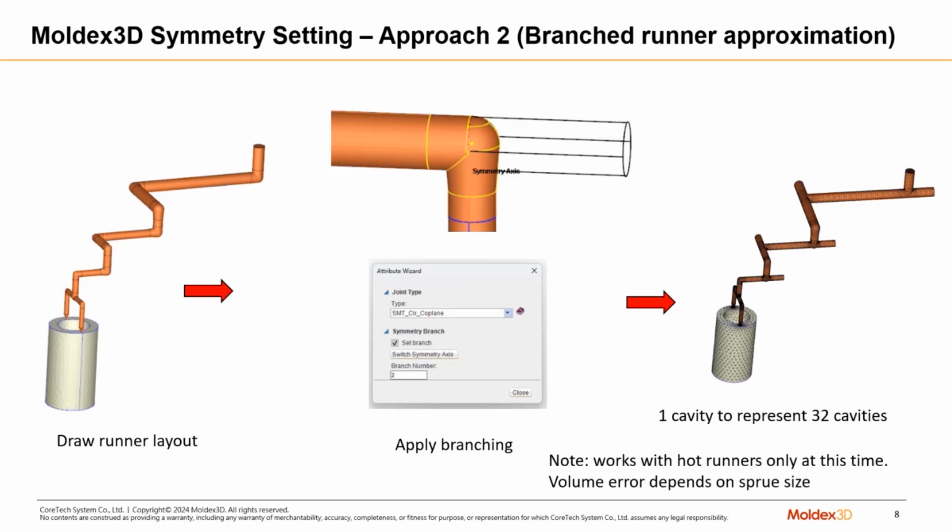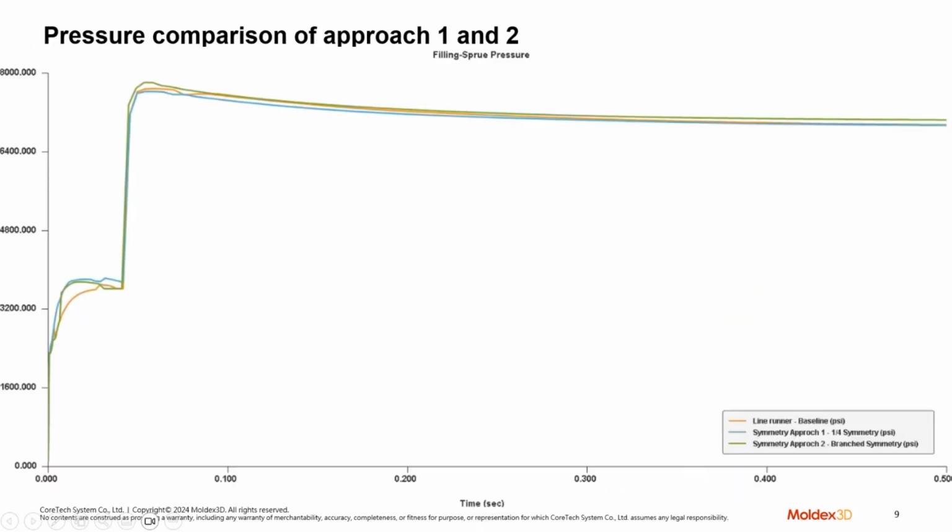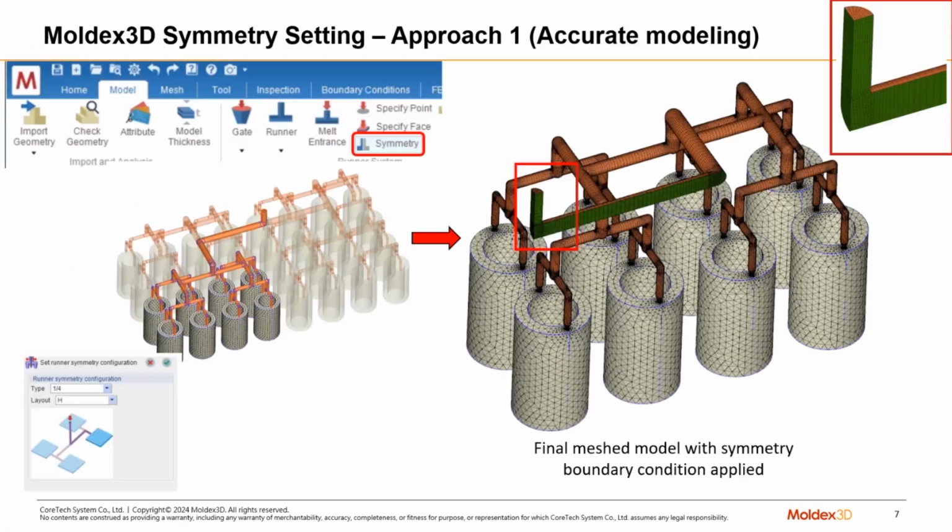Volume error depends on the sprue size, so there might be some relative approximation error, which is completely okay. You'll still get an answer, but you just have to be careful you design it correctly for how the flow is supposed to be. So we ran simulation on both of these approaches.